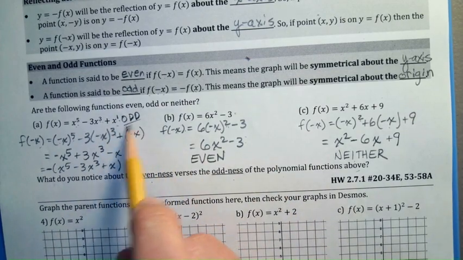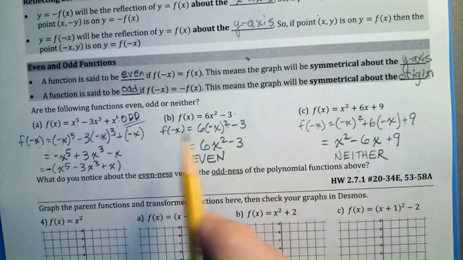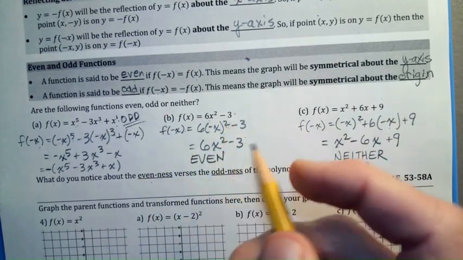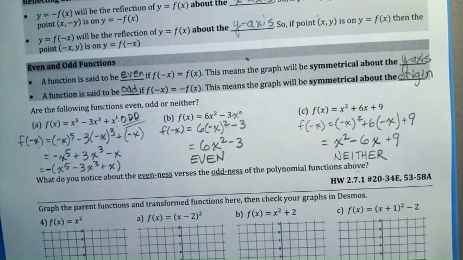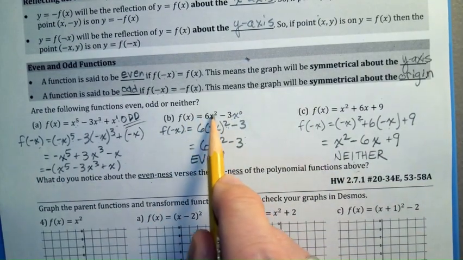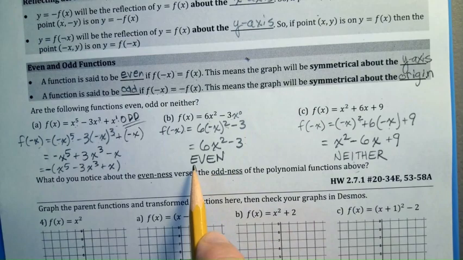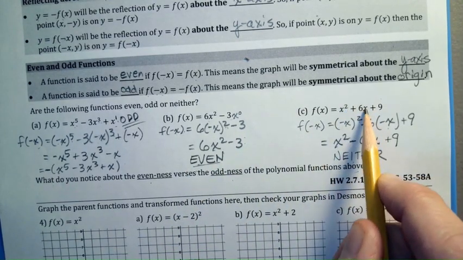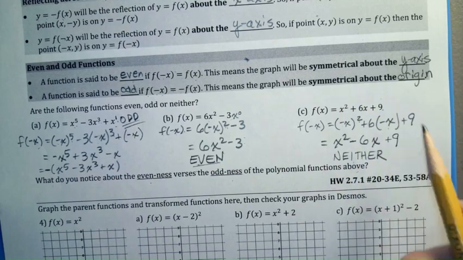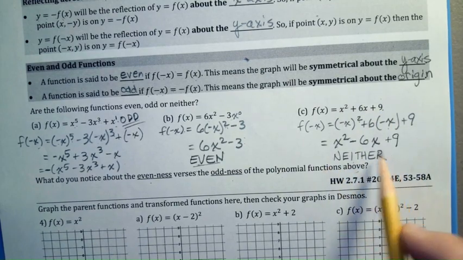Sure enough, they're odd. And then notice all of these are even. Now you might say, well, this one doesn't have one. Well, that's x to the 0, right? So those exponents are all even, so it's even. Now this one has one even, one odd, and this, I guess, technically would be even again. So a combination doesn't work.